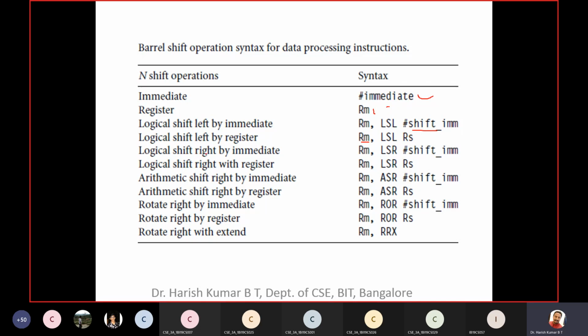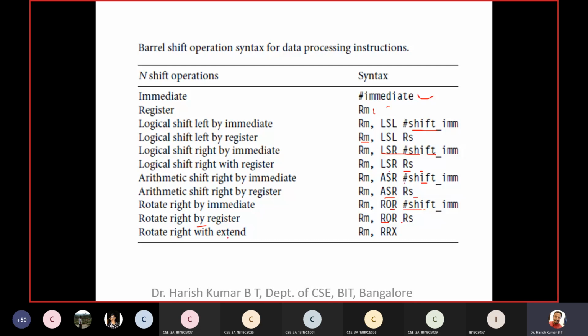Similarly there is logical shift right by immediate and by register, arithmetic shift right by immediate and by register, and rotate right by immediate and by register.